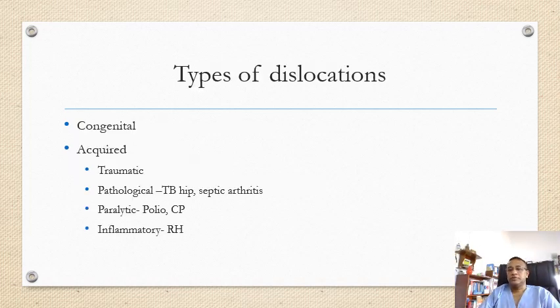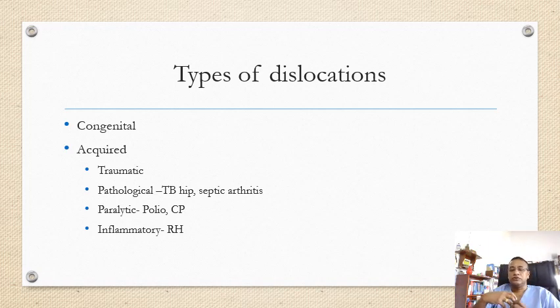Now coming to types of dislocation. It can be congenital or acquired. Broadly, it is categorized into two groups, congenital and acquired. Congenital means the shoulder joint or whatever joint gets dislocated due to congenital reasons which predispose to laxity of the joint.